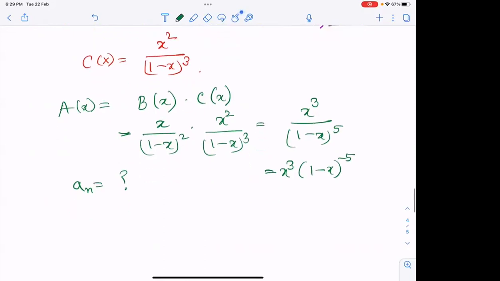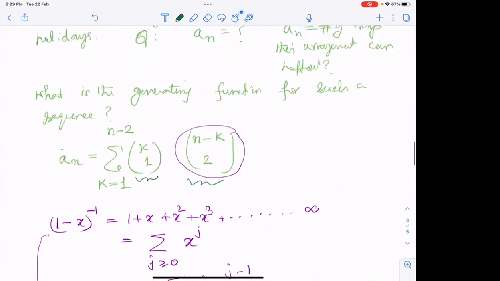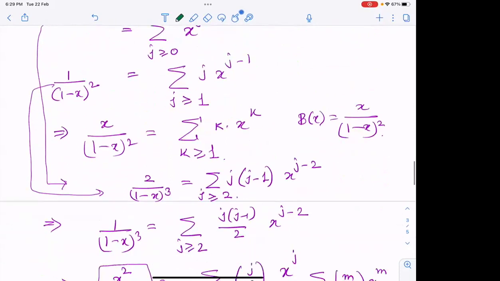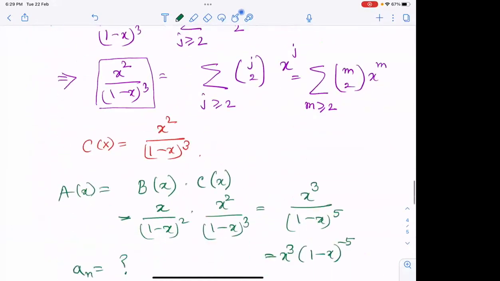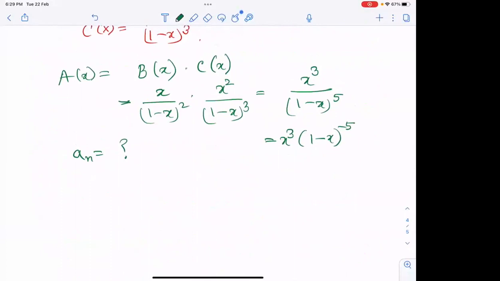Can somebody say what is the value of a_n? I have a value of a_n written here. My goal is to find it not in this kind of summation form, but rather a nice form via a generating function approach. That's the illustration I'm trying to give. It's very simple, right?